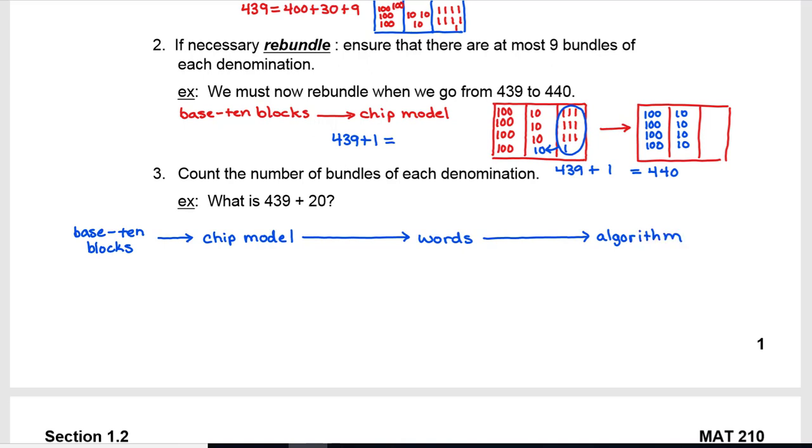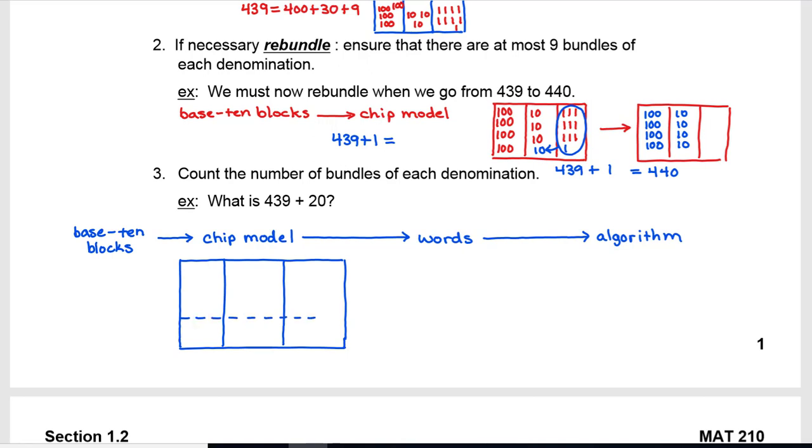All right, so let's draw 439. I'm going to draw the chip model a little bit differently than what I did earlier, because I'm actually going to show the addition part. And what I'm going to do here, I'm going to put a dotted line right there. It's going to be kind of like two place value houses in one.